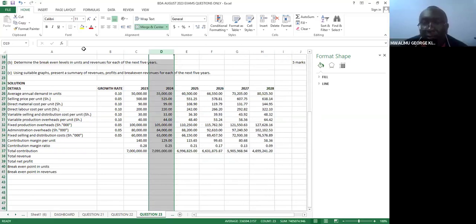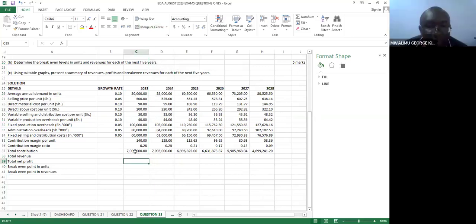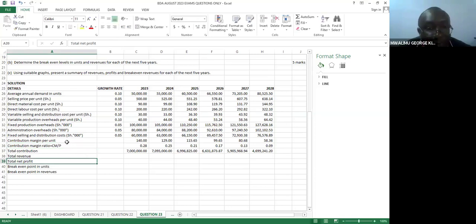I repeat that. Yes, contribution margin ratio. Contribution margin ratio is equal to, ama niongeze hapa kwa narration, contribution margin you divide by the price.